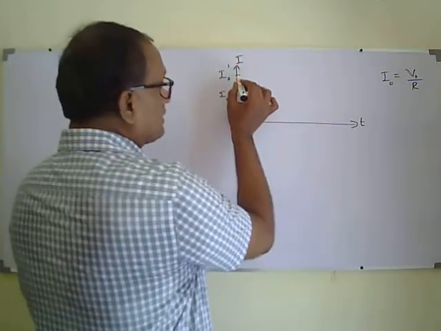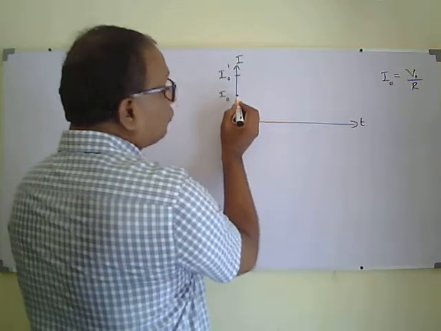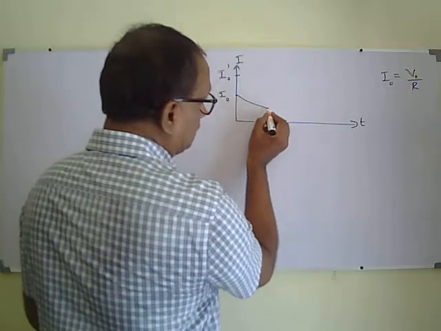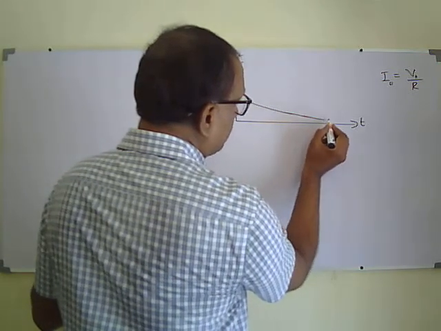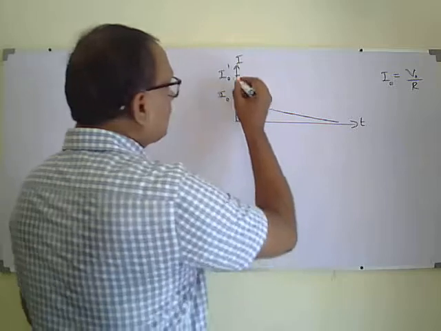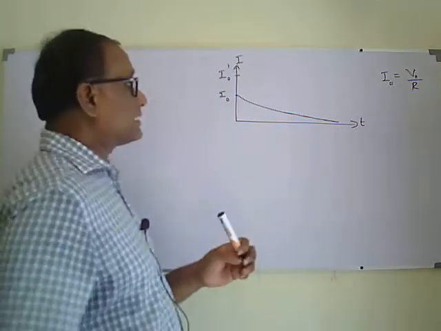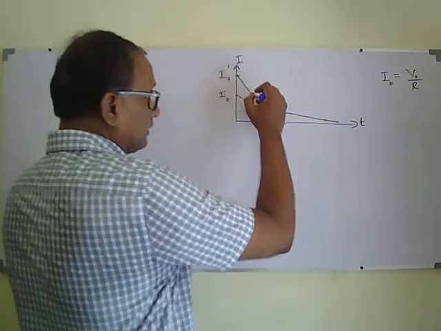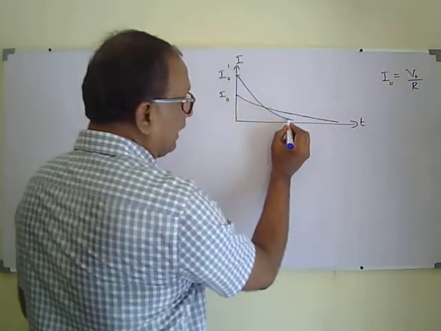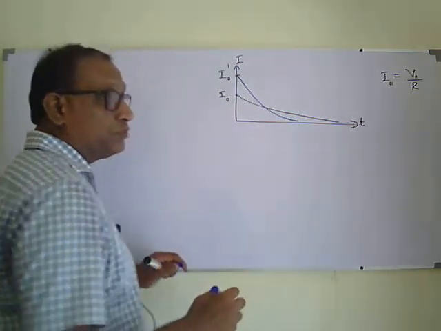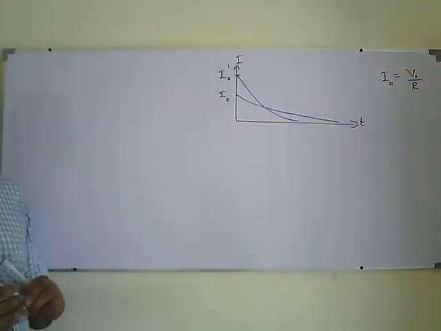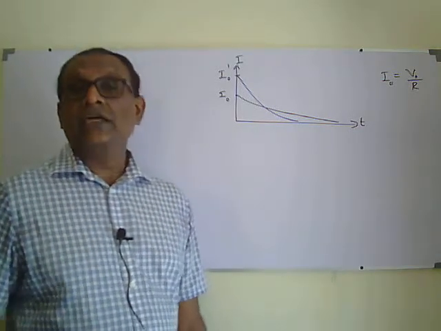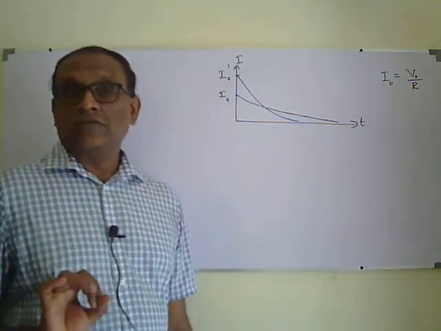The one with the smaller initial current will take a longer time to charge, so the graph will have this shape, and the lower resistance will have a higher initial current, so the graph will look like this. But the area under both graphs should be the same, because the area under the graph gives the charge flown in the circuit.